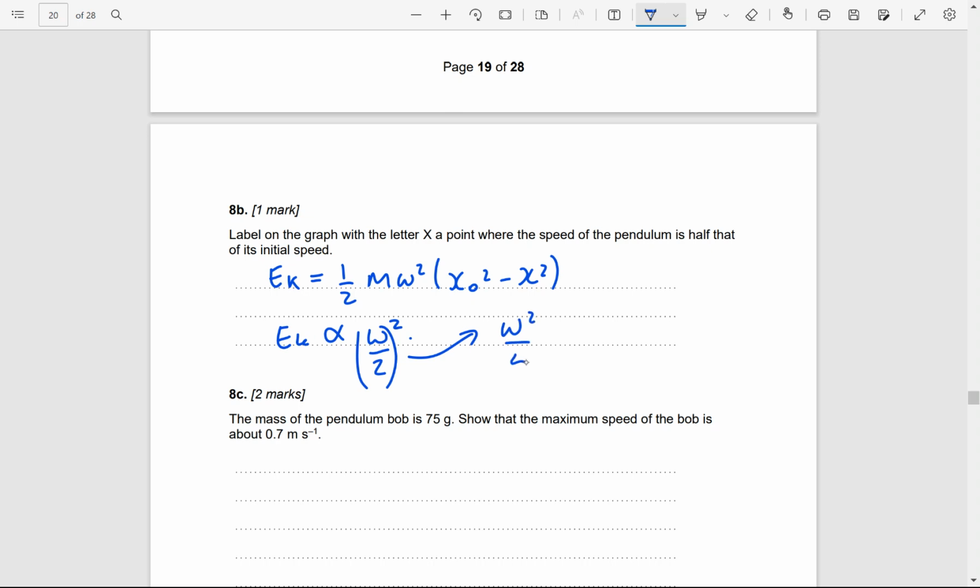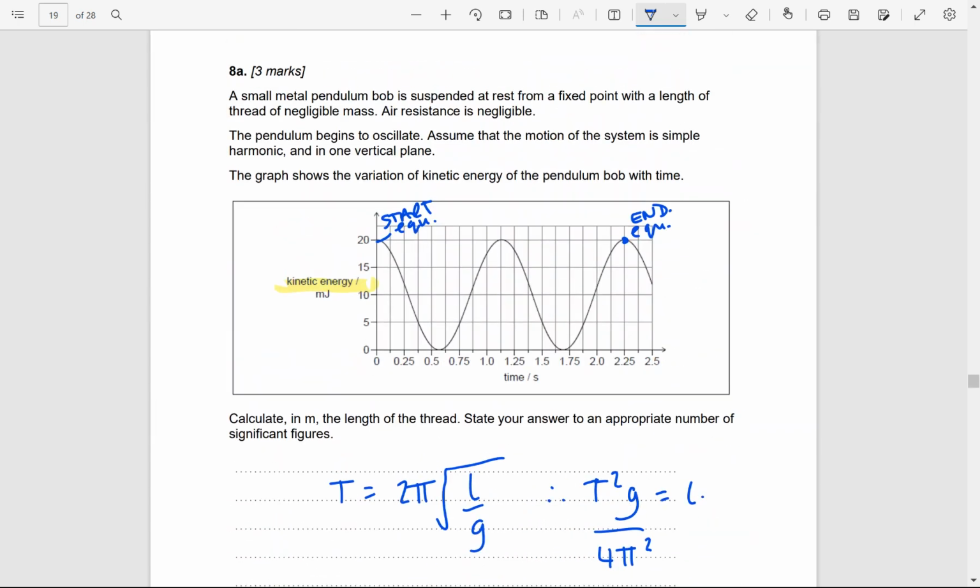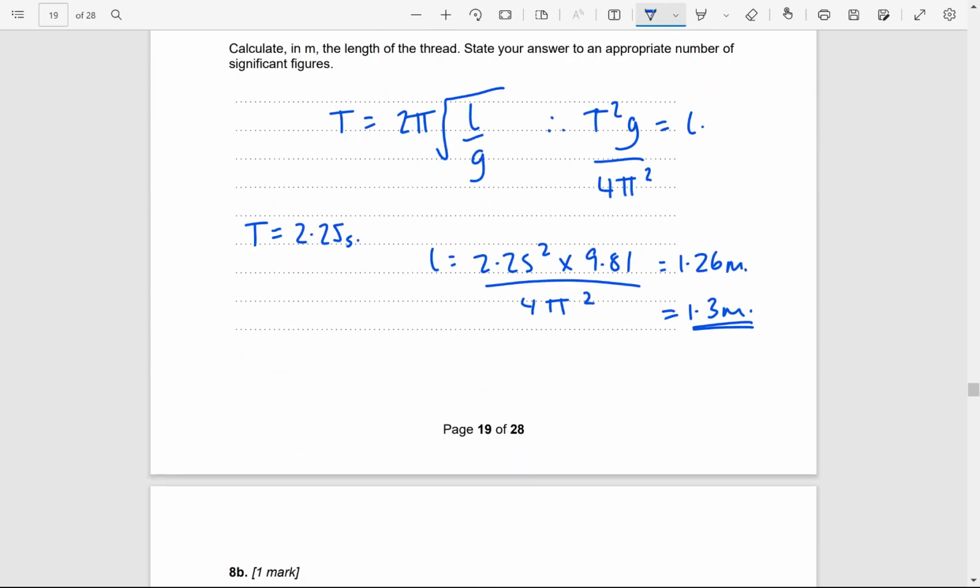That goes to omega squared over 4, which means this divides by 4. So we were looking at a point where the kinetic energy reduces by 3/4. So here would be a good point.